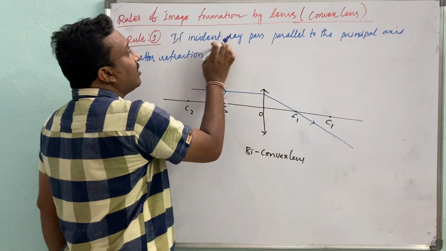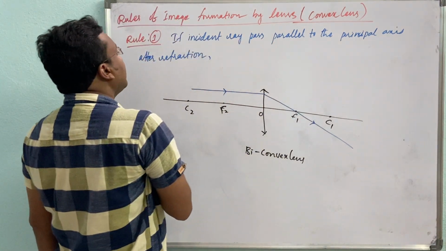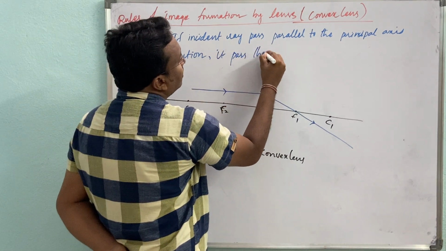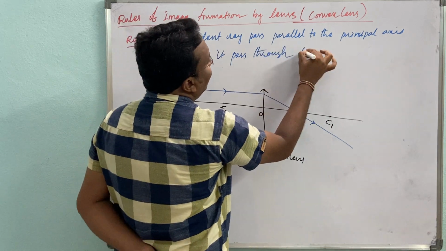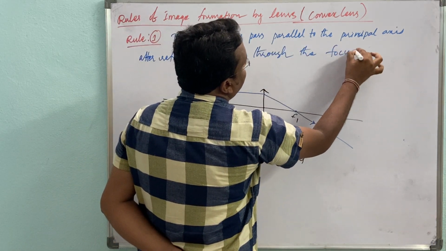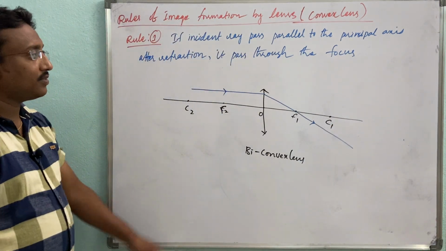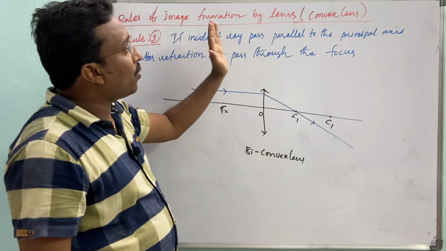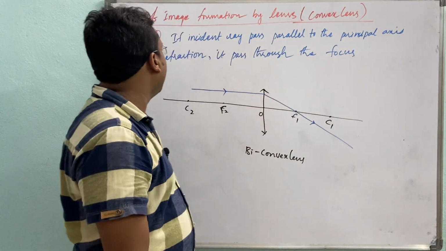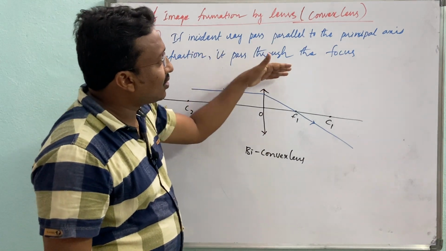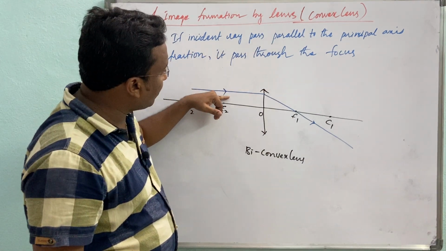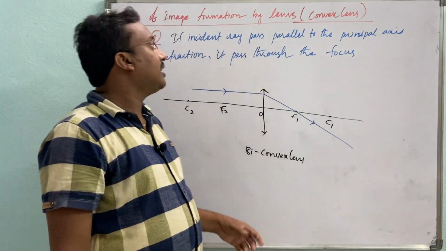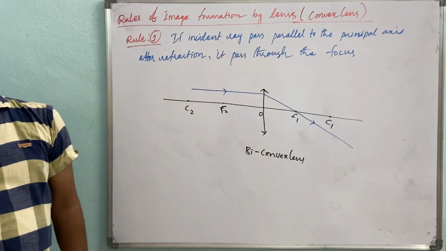Rule 1: if incident ray passes parallel to the principal axis, after refraction, it passes through the focus. This is rule 1.